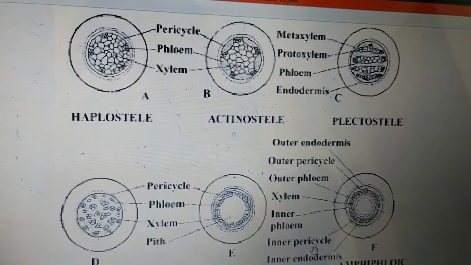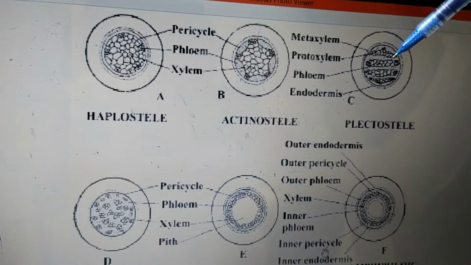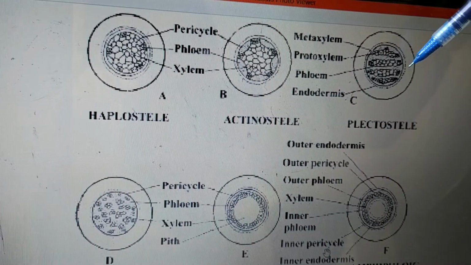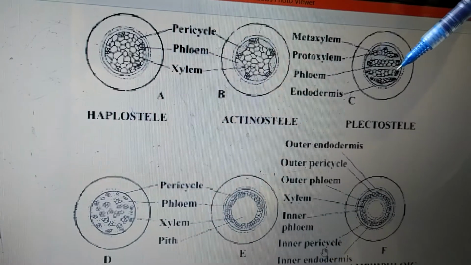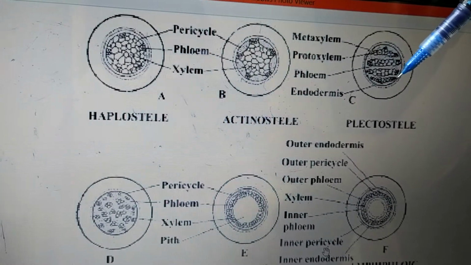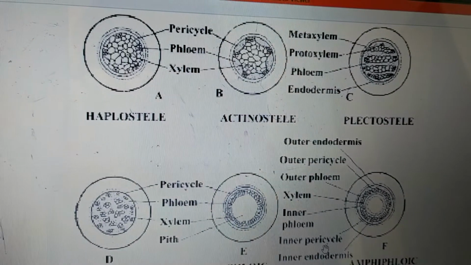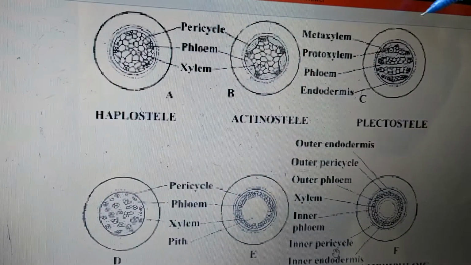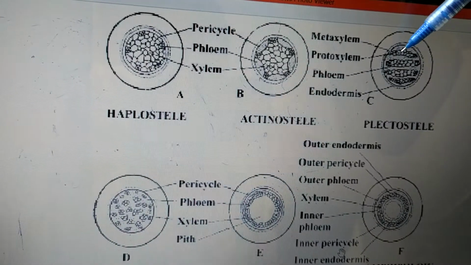The next one is plectostele. This is found in the stems of Lycopodium clavatum. Usually in the genus Lycopodium, the species is Lycopodium clavatum. Here, xylem occurs in the form of small parallel bands or parallel plates.